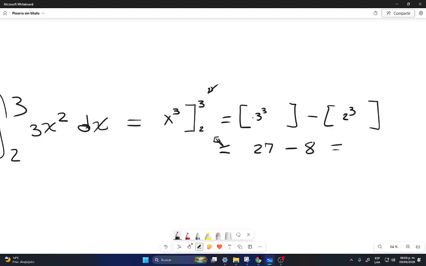That will give us 19. The value of the area of this curve, let me try to draw it again, between 2 and 3, this area is 19 square units.